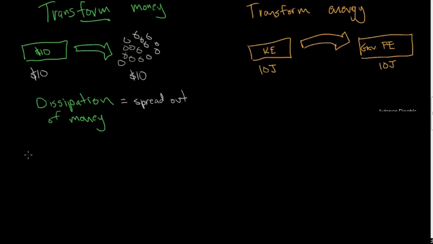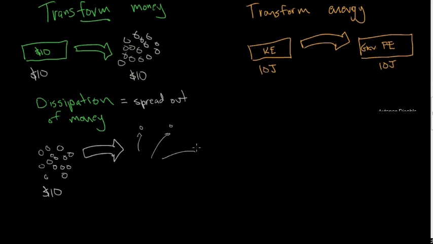Here's what this means. If you start with a pile of $10 in coins, you've got a whole bunch of coins here, you've got $10. Well, let's say that we decide to take those $10 and give them out to all different people. So we find people who need that money. Maybe they're going to buy food with it. Maybe they're going to buy something fun with it.